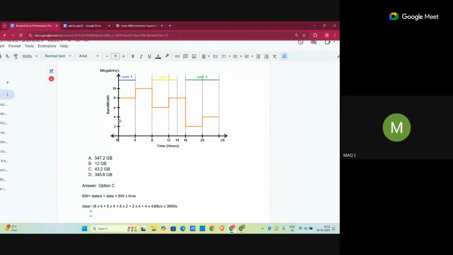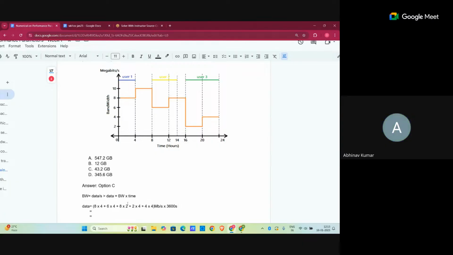The bandwidth is 2 and for this peak the duration is 20 minus 16, that is 4. So we multiplied 2 by 4. After that we have this peak, again user 3 is consuming the data. Here the bandwidth is 4 and the duration is 24 minus 20, that is 4. So we multiplied 4 by 4.